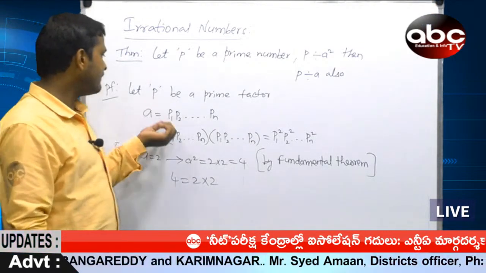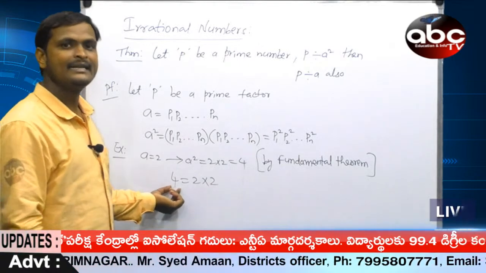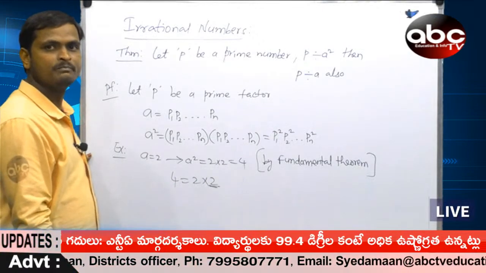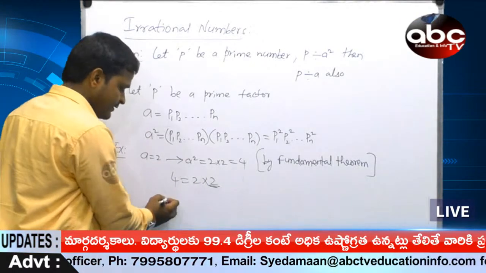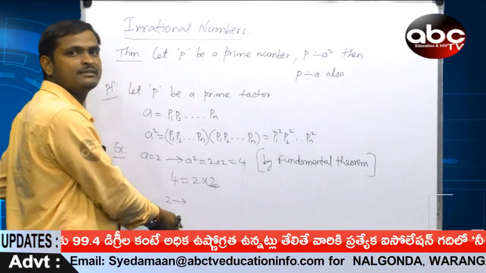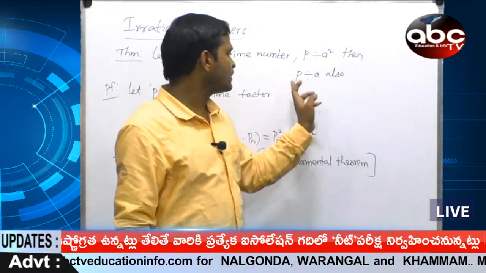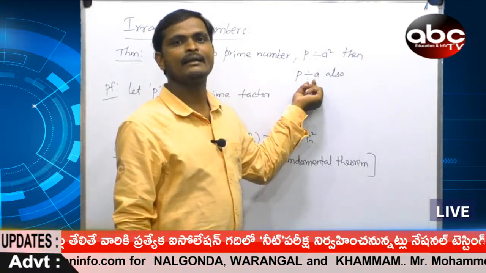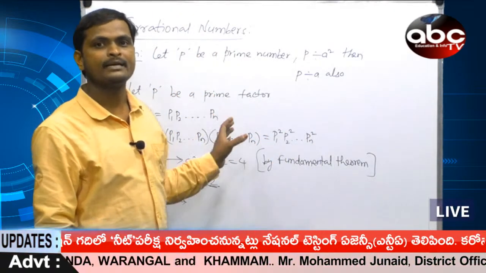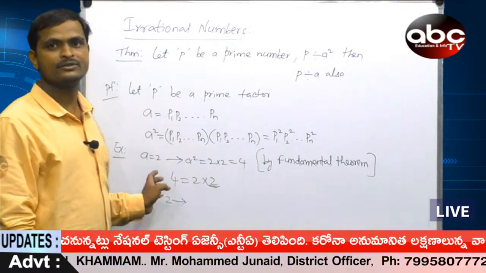That means when any prime divides the square of a given number, then it divides the number. Suppose 2 divides 4, then 2 divides 2 also. That is, when p divides a square, then p also divides a. This is the theorem. By using this theorem, let's see whether a given number is irrational or rational. Is it clear, students?